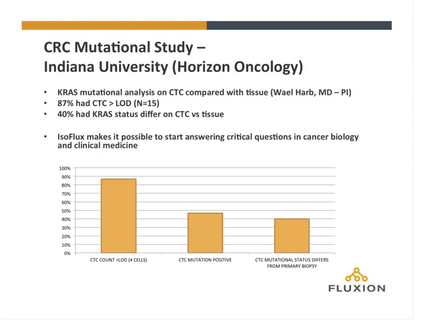And 47% of these patients had a KRAS mutation detected in their CTC sample, which is more or less in line with literature values reported for the primary tissue. But interestingly, about 40% of these samples had some level of discordance from the primary tissue. And in all of these cases, it was typically a wild-type patient from the tissue that was seen to have a mutation in the CTCs.